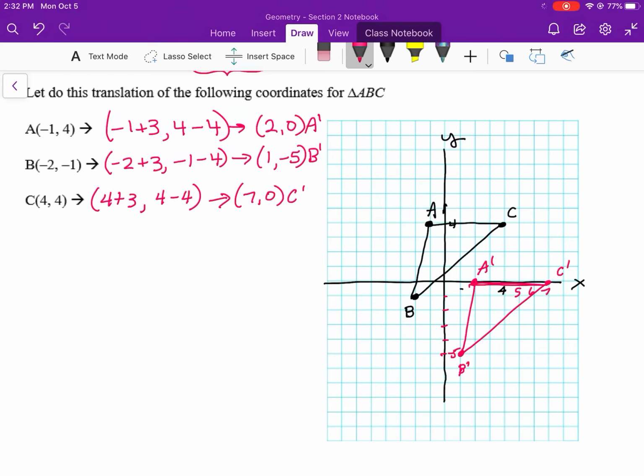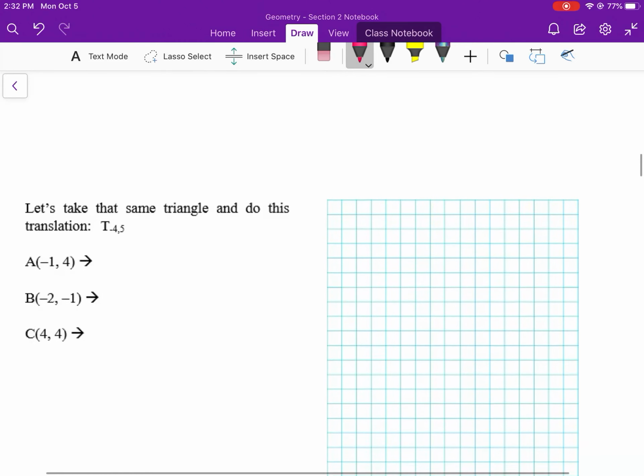Looks like the same size, the same shape, everything is the same. I might even just count the boxes here for AC, 1, 2, 3, 4, 5. Is A prime, C prime 5? 1, 2, 3, 4, 5. Yep. So everything should be exactly the same. It's just in a different location. Okay, that's a translation. Easy peasy.